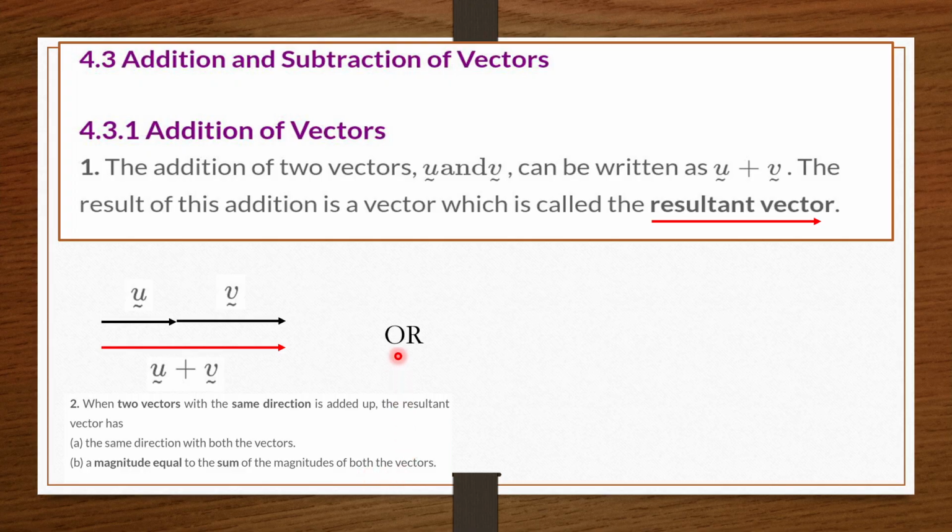Or, if the vectors are not in the same direction, for example, given u, given v, therefore the resultant vector is u plus v. Look at the point where vector u starts and vector v ends. So that is the point joining u plus v.